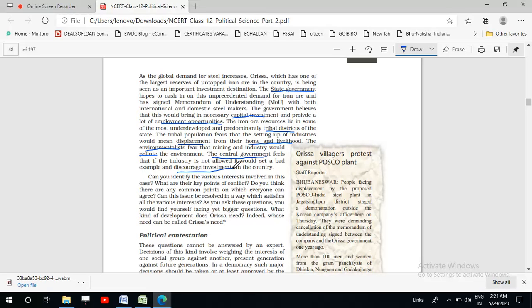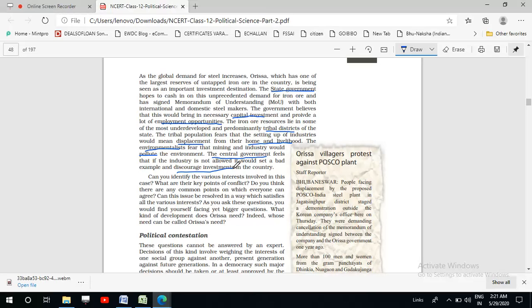The state government is thinking only regarding economic development, as well as the central government. Both have concern only for economic development.